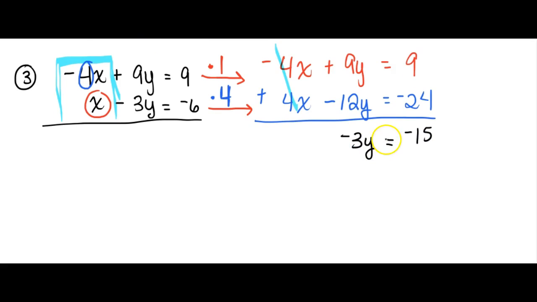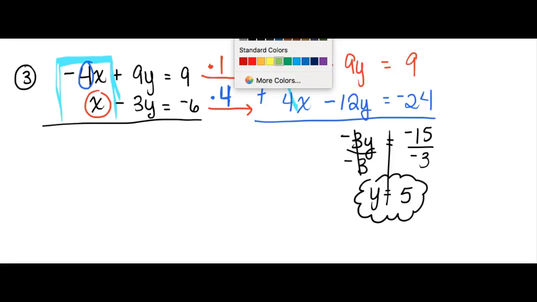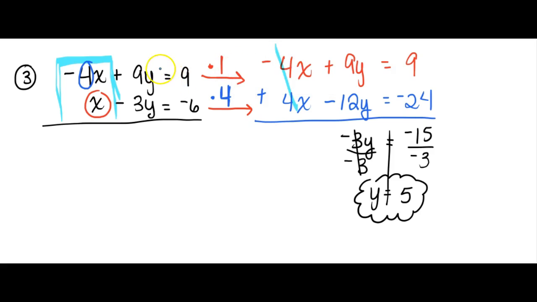And then to solve for y, I'm going to divide by negative 3. y equals a positive 5 because a negative divided by a negative is a positive. And so then I'm just going to take that and go back to my first equation. Like I said, for whatever reason, I like those first equations.